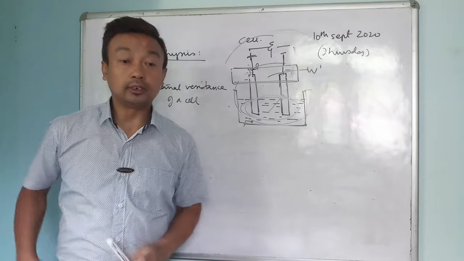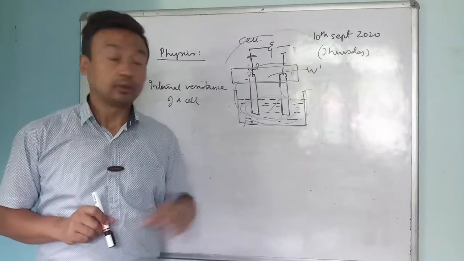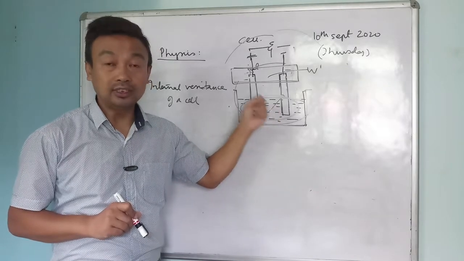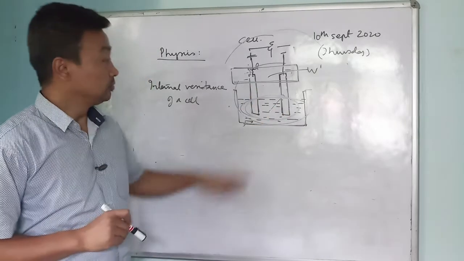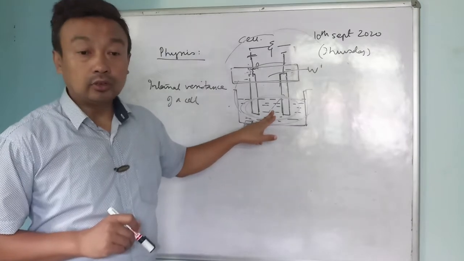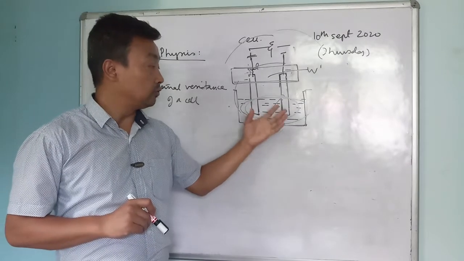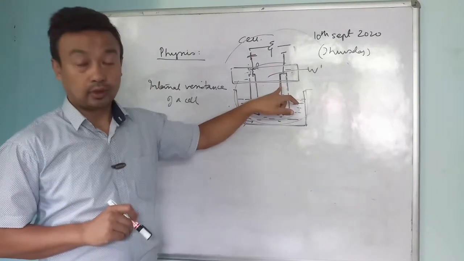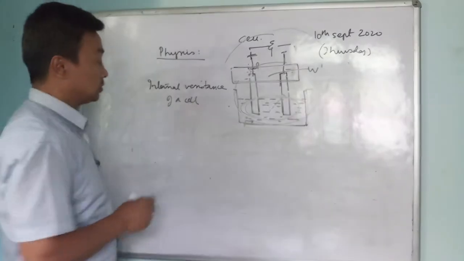The definition is like this: the resistance offered by the electrolyte inside the cell to the flow of current is called the internal resistance of the cell. So what is it? It is the resistance offered by the electrolyte inside the cell, offered to what? To the flow of current, because there is a current flowing.